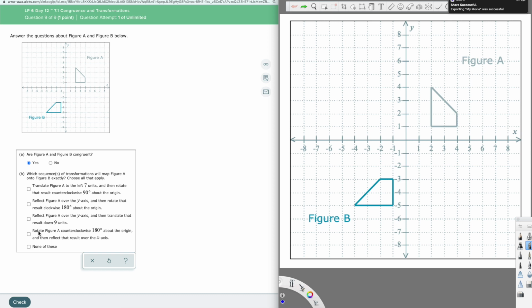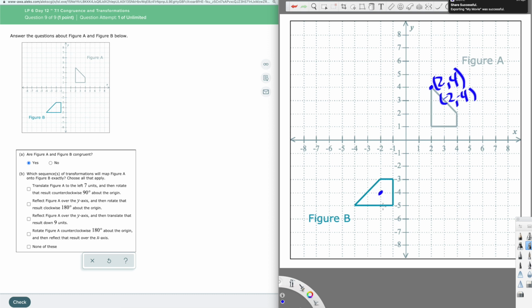Okay, rotate figure A counterclockwise 180 degrees. So remember, clockwise, counterclockwise, 180 doesn't matter. But I'm going to take a point here, and it's going to be 2, 4, and it's going to stay 2 and 4, but it's going to become -2, -4. So I flip both of them. So I'm going to go -2, -4. So it would land here. And then I would do the same thing.